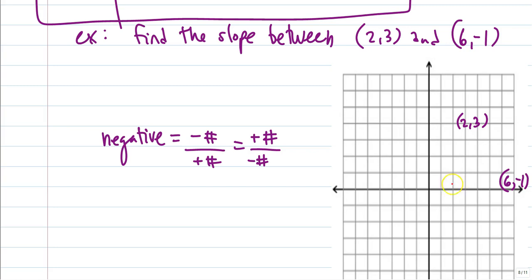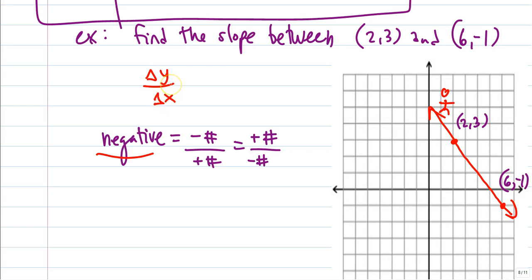You could plot (2, 3), put a point there, then 6, and 4, 5, 6, negative 1, and I could visually find the slope between these 2 points. I already know, just based on what it looks like, if I were walking this, it would be a negative slope. It's going downhill.